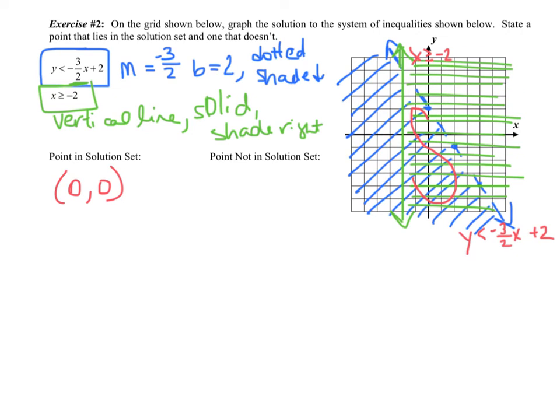If I pick a point over here and I went over 1, 2, 3, 4, say, and up 1, 2, 3, 4, I would say that this point, 4, 4, is in the green zone, which means x is greater than or equal to negative 2, but it does not satisfy the blue sketched inequality, which is y is less than negative 3/2 x plus 2. So I would say that is a point that is not in the solution set. So I'm going to use that point for that answer.